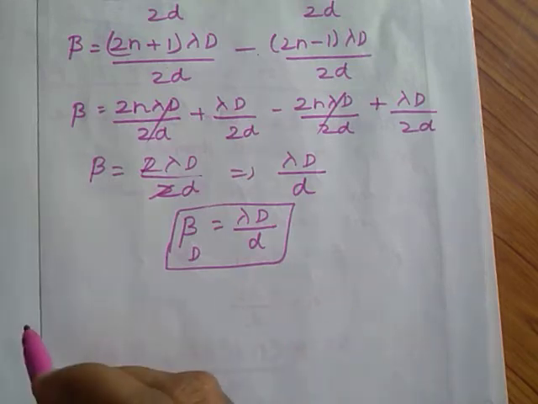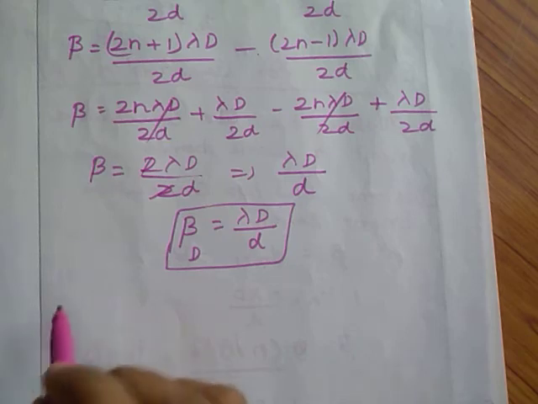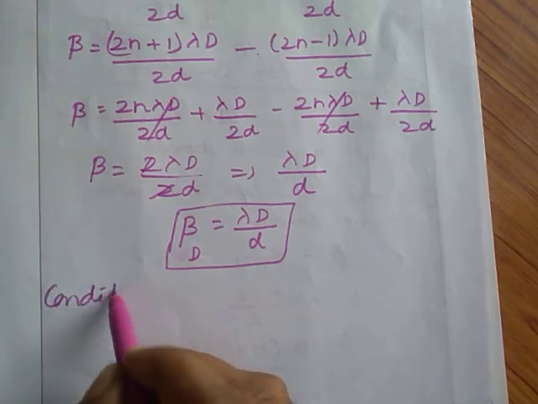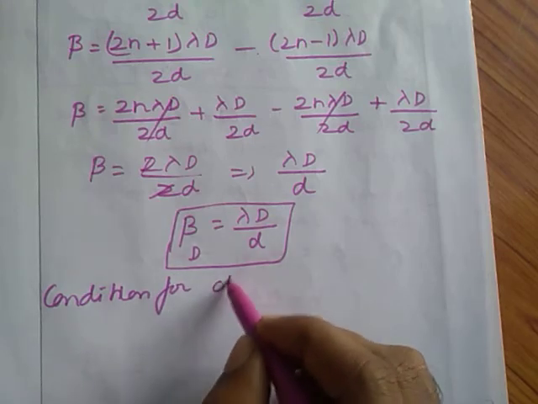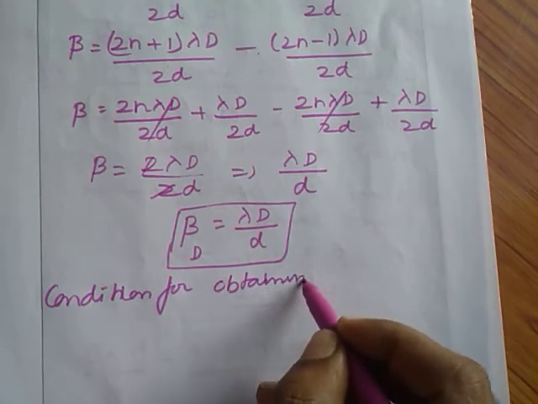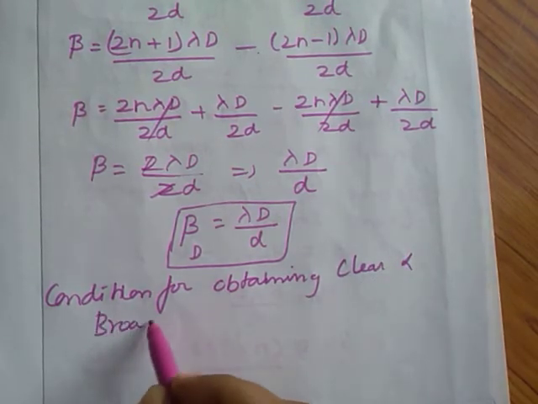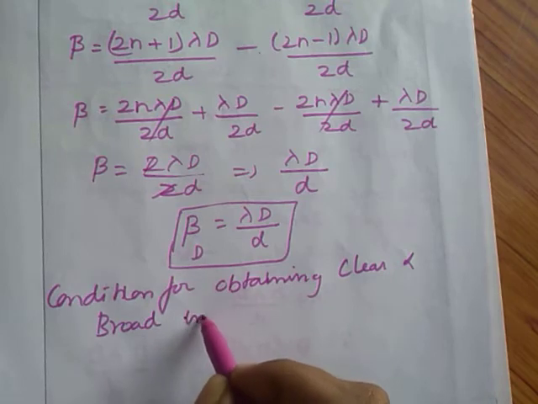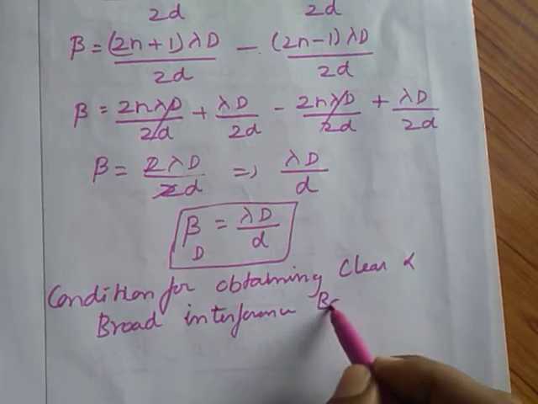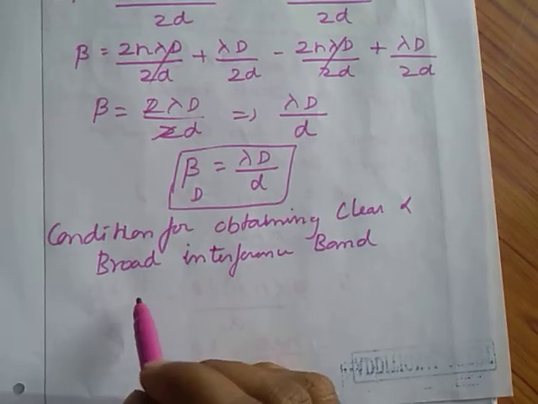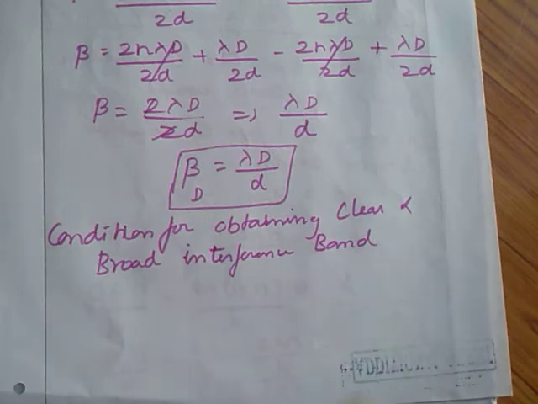Then let me see the condition for obtaining a clear and broad interference band. We know the bandwidth determines its clarity and size.